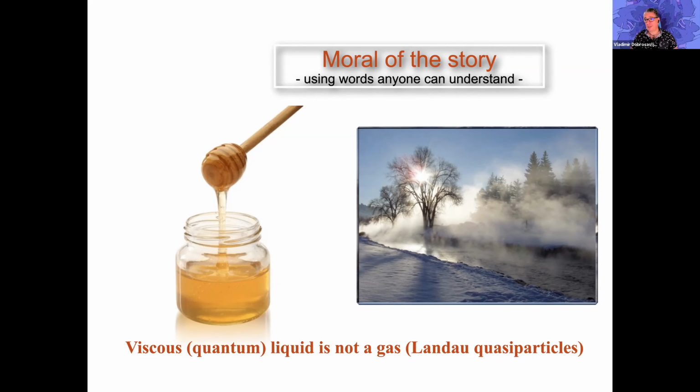You have a lot of excitations, they scatter very often, you have a very short mean-free path in this high temperature incoherent behavior, and the behavior of that quantum liquid is more similar to honey, with a huge number of scatterings and huge viscosity, than to a dilute gas of ideal quasi-particles.